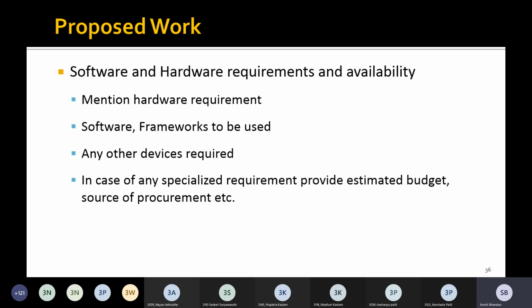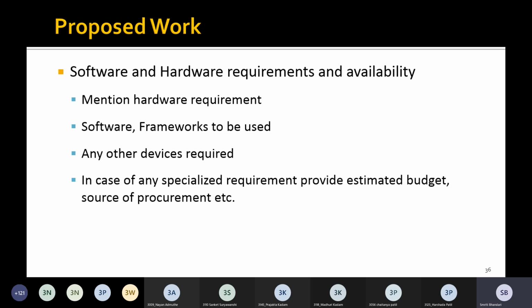We need to mention what kinds of software we are going to use, which language we are making use of to implement it, what frameworks are being used, any tools that need to be used, any other devices that are required, right? So we should mention everything about hardware, software, devices, technologies and frameworks to be used.